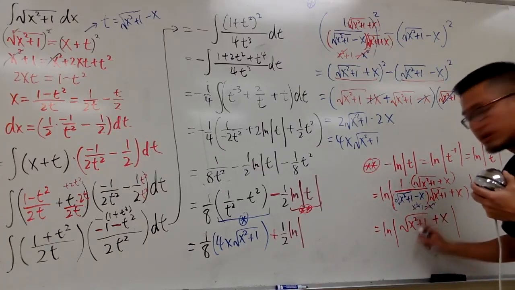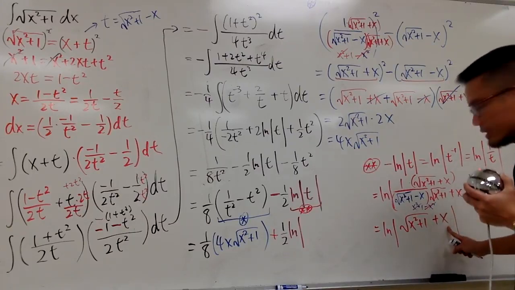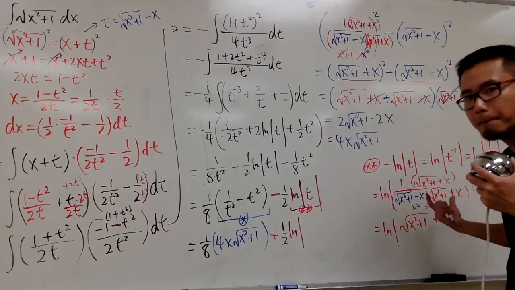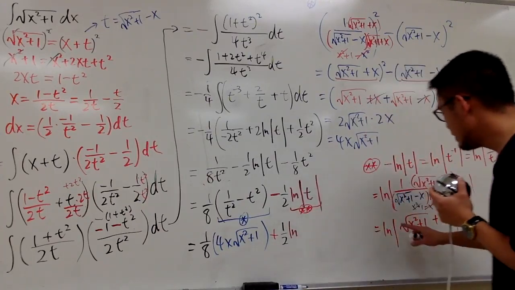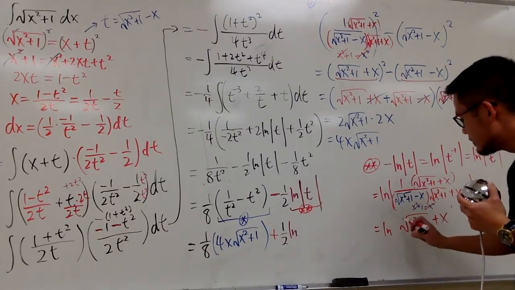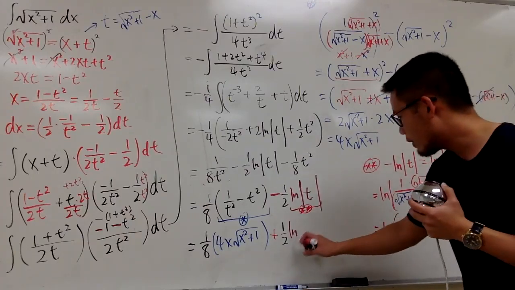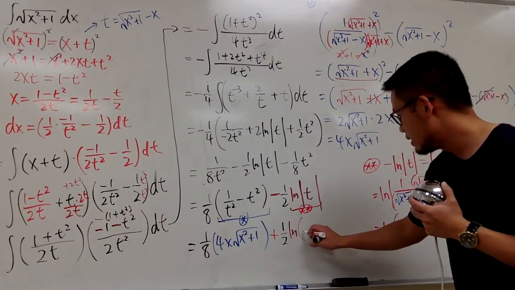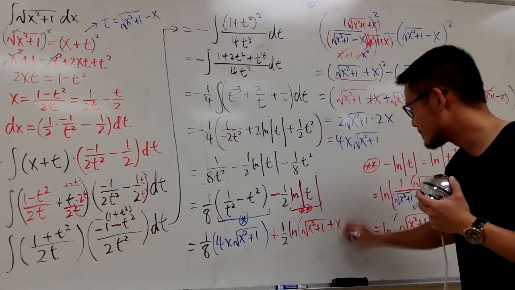This square root of x squared plus 1 is always bigger than x, so it doesn't matter what x is. The inside here is always positive, so I don't technically need the absolute value. So let me just perhaps erase it right here, and I'll change the absolute value to parentheses. And I will put ln parentheses square root of x squared plus 1 and then plus x.